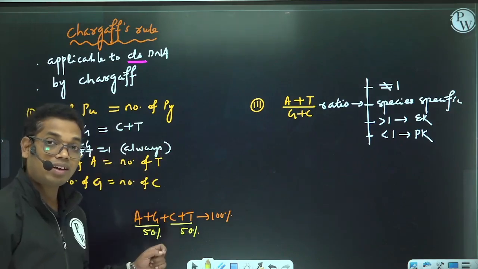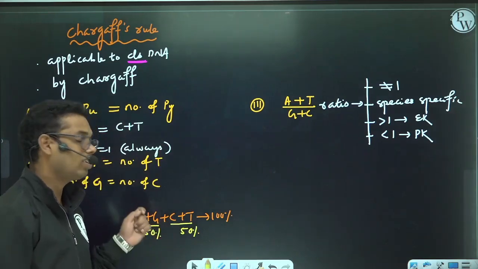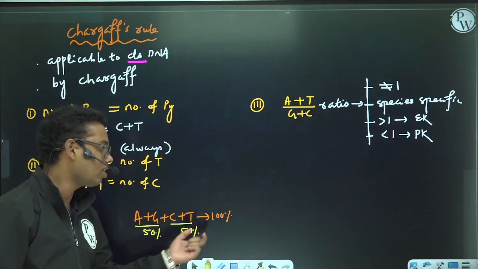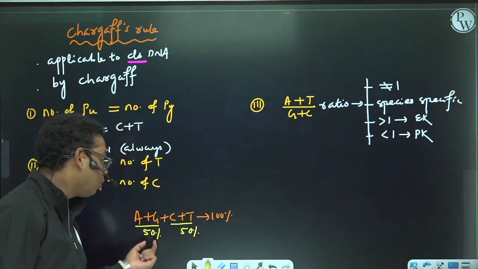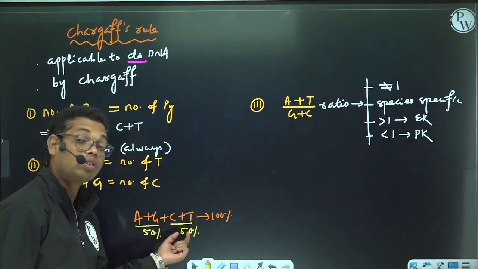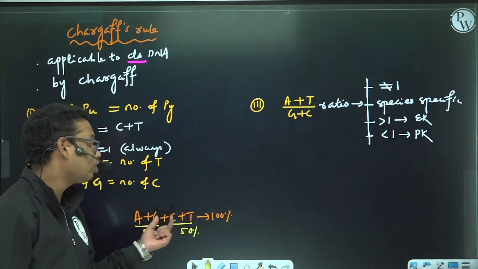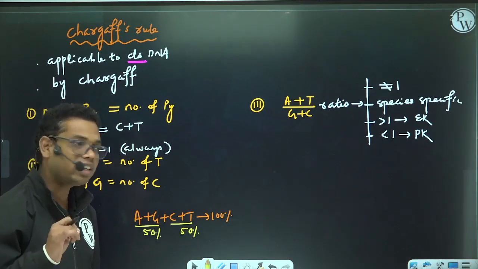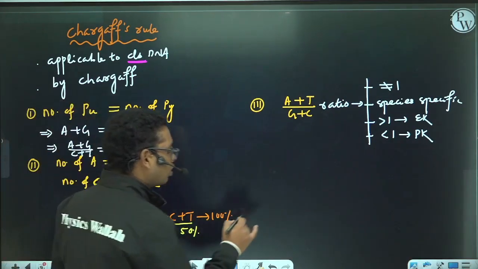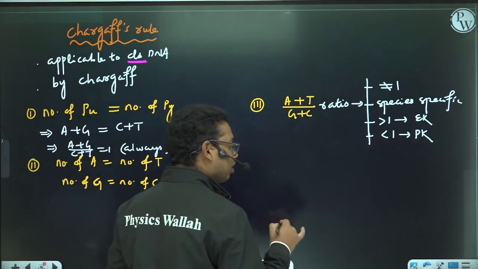In a double-stranded DNA, if I consider the sum total of nitrogenous bases as 100%, then A plus G will be 50% and C plus T will be 50%, because A plus G is always equal to C plus T.